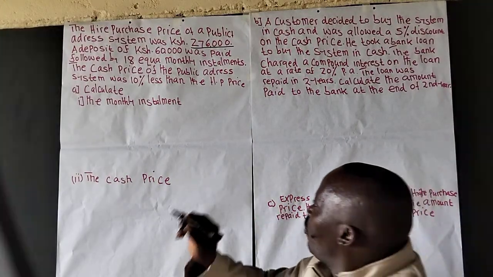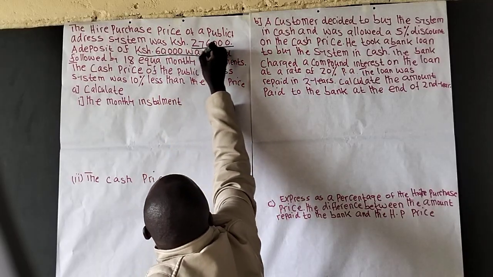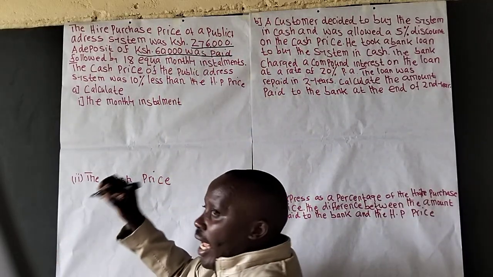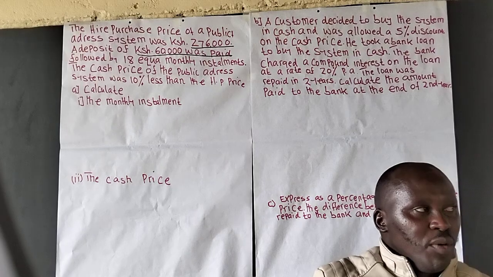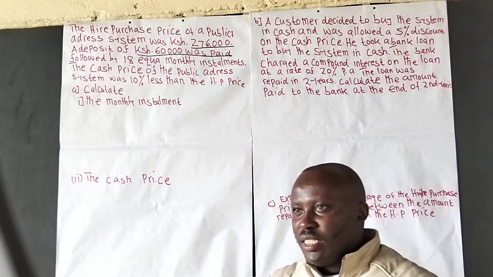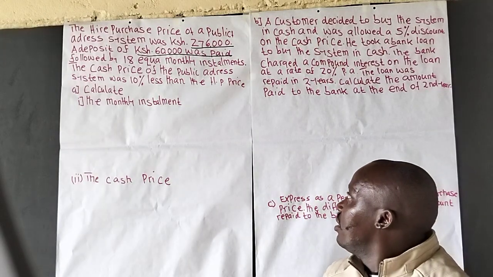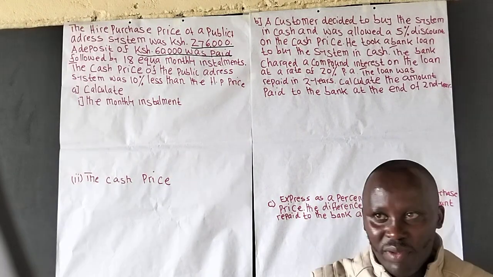A deposit of 60,000 was paid, and after paying the deposit, the remaining amount is paid in 18 months. We call it the monthly installment.